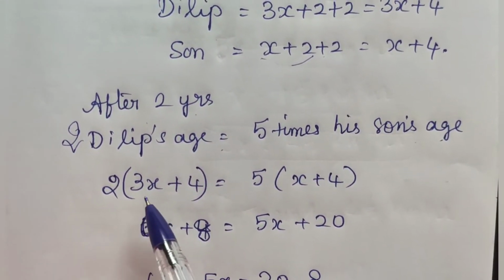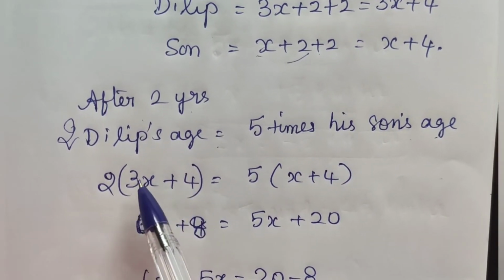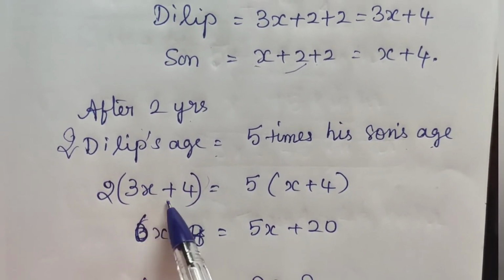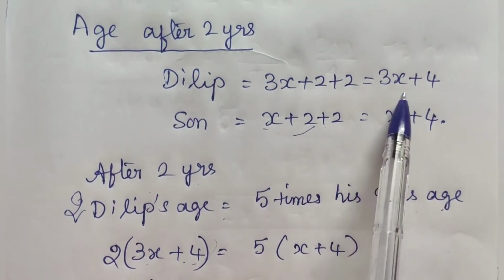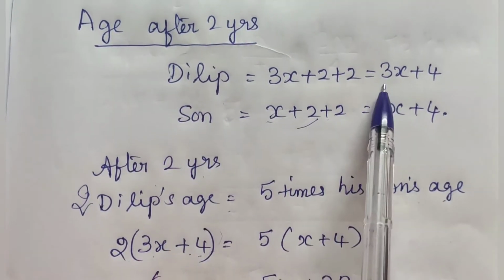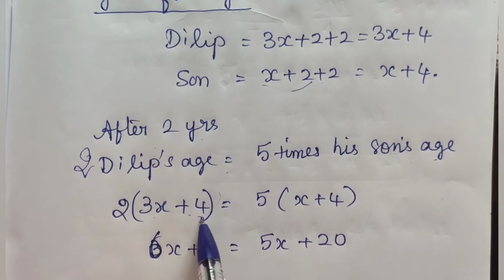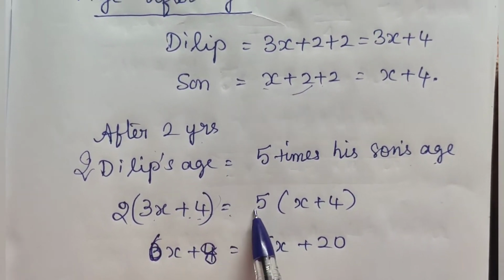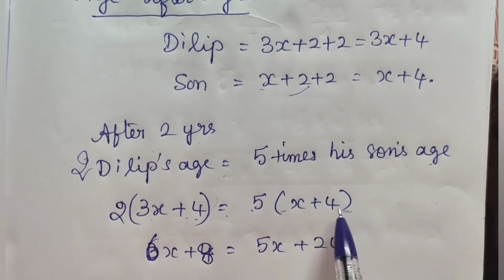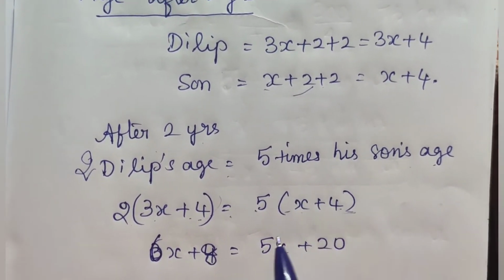So 2 into Dilip's age, 3x plus 4, which is the age after 2 years. So twice the age after 2 years of Dilip, 2 into 3x plus 4, is equal to 5 into son's age after 2 years, x plus 4.